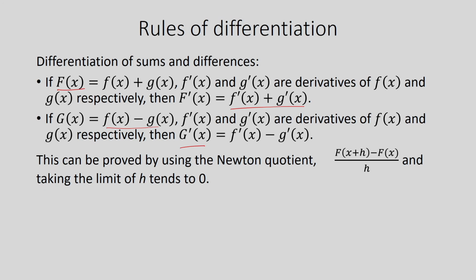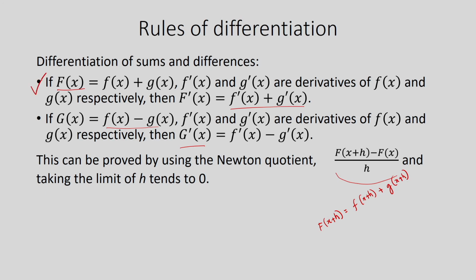So, both these results are intuitive, and how can we prove that? We can actually start from here. This is the Newton quotient, and we know if we take the limit as h goes to 0 of the Newton quotient, then we get the derivative. So, if I use this and then I use the fact that f of x plus h will be, for the first result, f of x plus h plus g of x plus h, right.